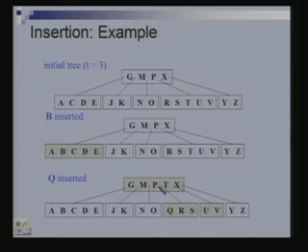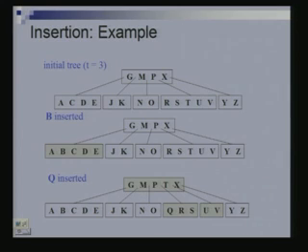Now, note the very interesting thing. Why did this node not get split? Because 2t minus 1 keys would mean it is full. In what we had seen in 2,4 trees or in AB trees, when I inserted an element, the parent could also get split.